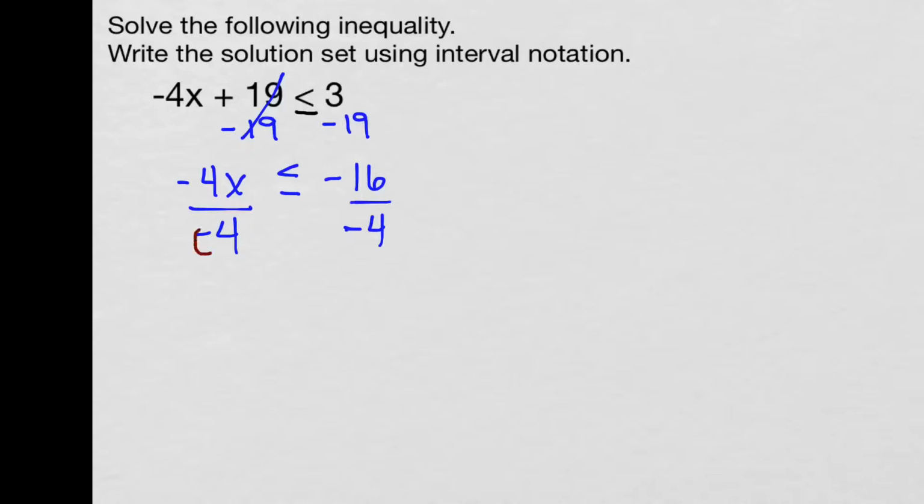So not because we divided, but because we divided by a negative number, this inequality symbol will flip around. So we have x is now greater than or equal to, and negative 16 divided by negative 4 is a positive 4. So this is all numbers bigger than or equal to 4.